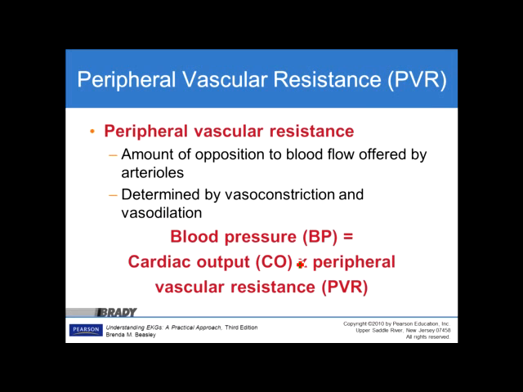Now, if we remember, cardiac output means stroke volume times heart rate. So, stroke volume times heart rate times the peripheral vascular resistance, or pretty much the size of the vessels, is what's going to equal our blood pressure.